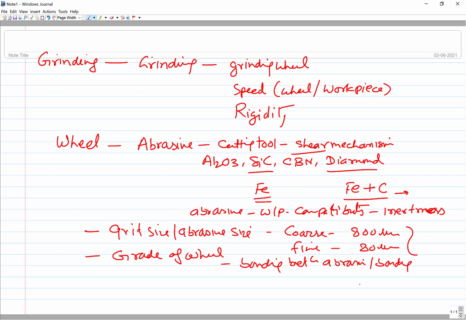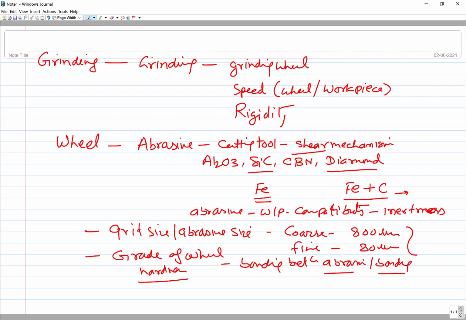If the abrasive is held firmly in the bonding material matrix, then it will not be removed easily. So it may be good in certain forms, it may be bad in some other form. This grade also indicates the hardness of the wheel, suggesting the extent of bonding which exists between the abrasive material and the bonding material.